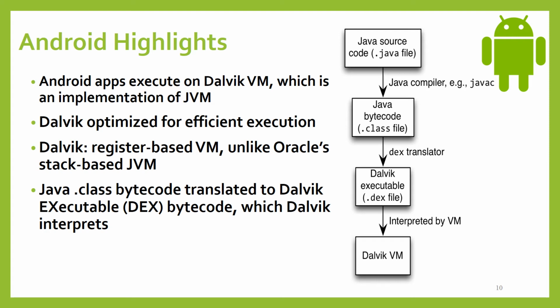The .dex file is the Dalvik executable bytecode, and that is only interpreted by the Dalvik virtual machine. So please remember, every Android application runs its own instance of the Dalvik virtual machine.